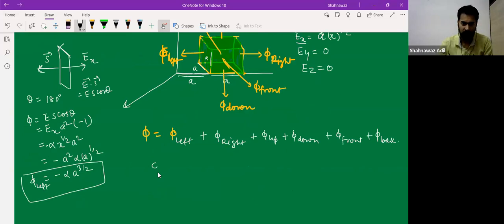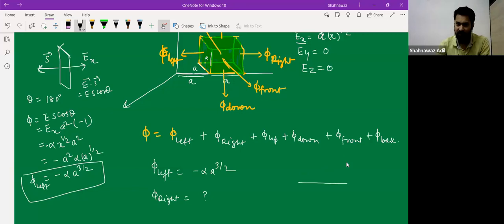Understood this much. So phi left is minus alpha A to the power 3 by 2. Right. And can you calculate what would be phi right? Calculate and tell me what would be phi right. Let me draw you the diagram. So this is the area and this is E and this is S, right?